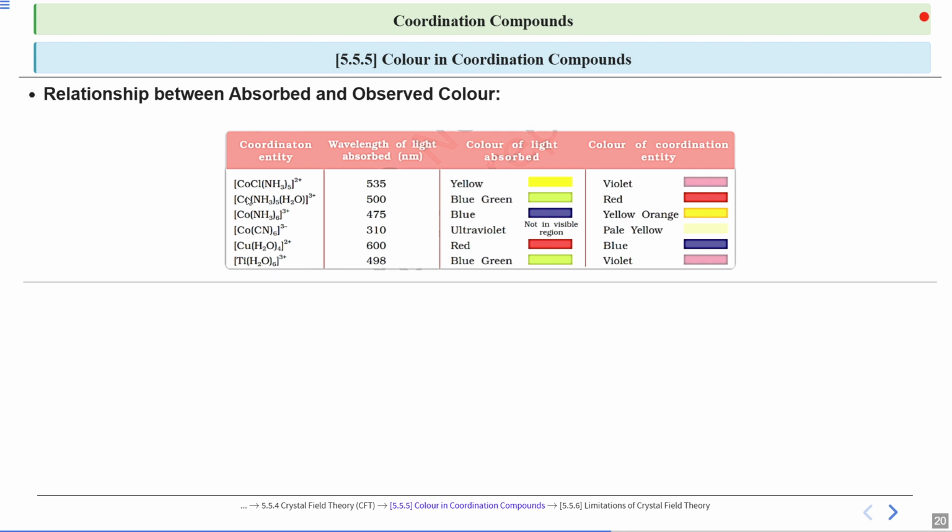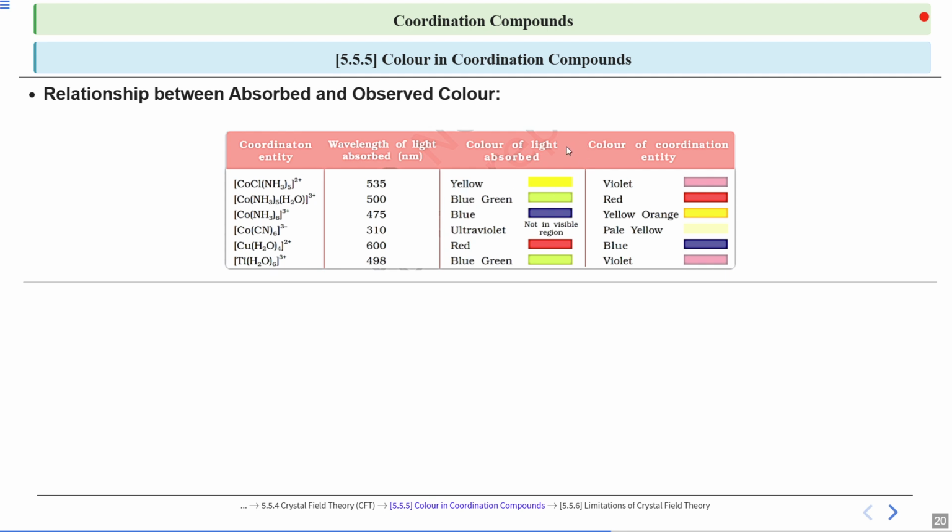So if this is a complex of cobalt, the wavelength of light it is absorbing is 535 nanometer. The color of light absorbed is yellow, but it is going to show the color violet. So the complex will be violet in color. Similarly for the other cobalt complex, 500 nanometer wavelength is absorbed.